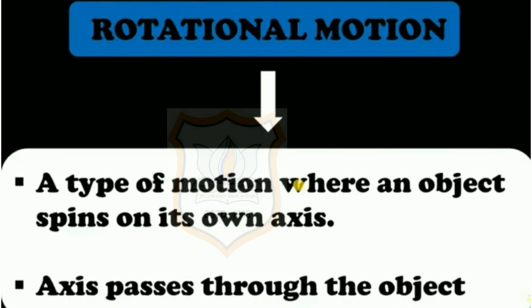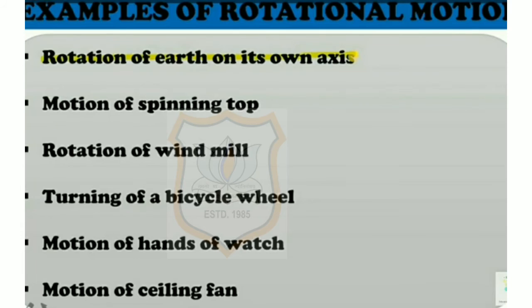Our last type of motion is rotational motion. What is rotational motion? A type of motion where an object spins on its own axis. Axis passes through the object. What are the examples of rotational motion?